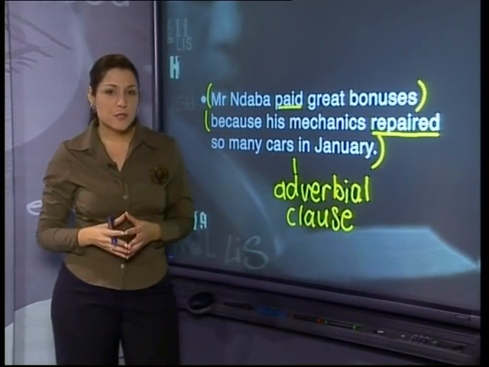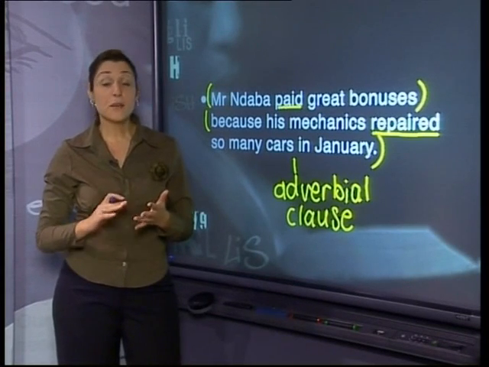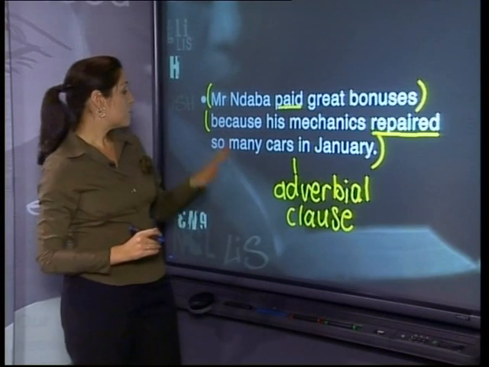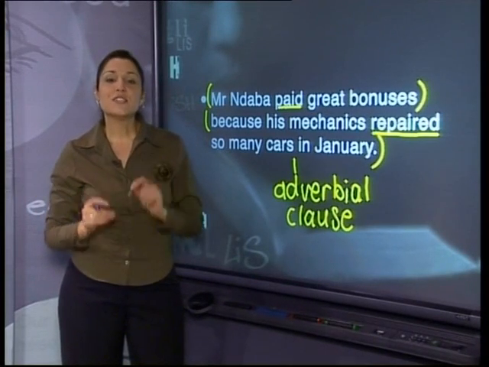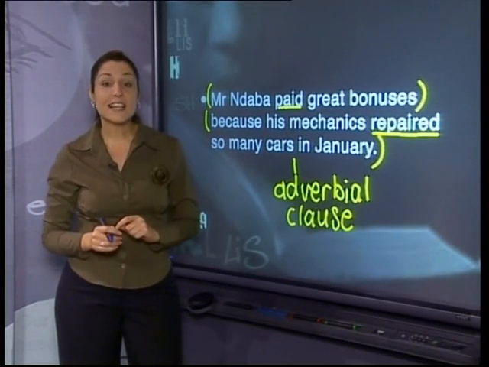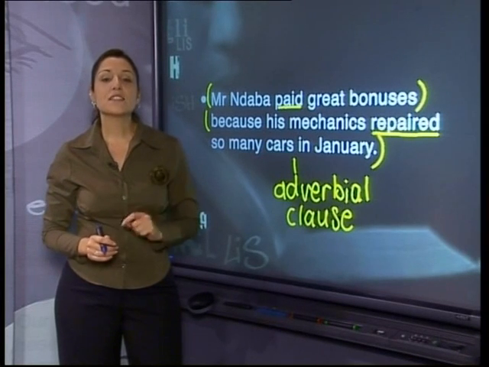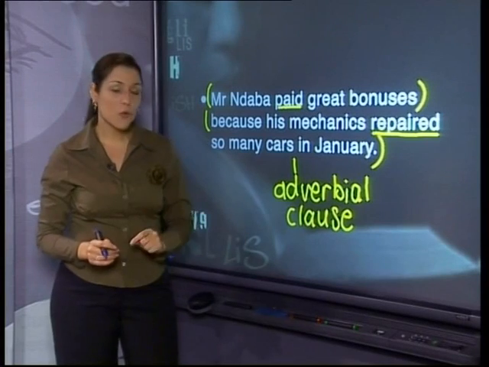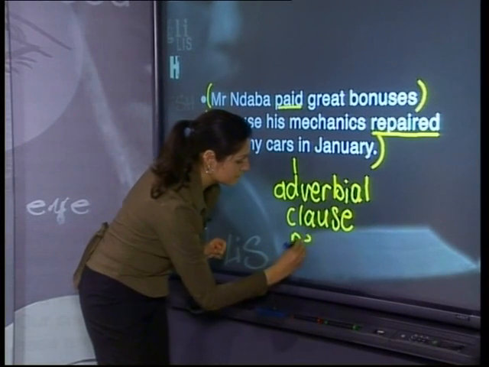What kind of adverbial clause is it? Time, place, reason, or condition. The word because introduces the clause, and this is our clue. It gives us a reason why, and thus it is an adverbial clause of reason.